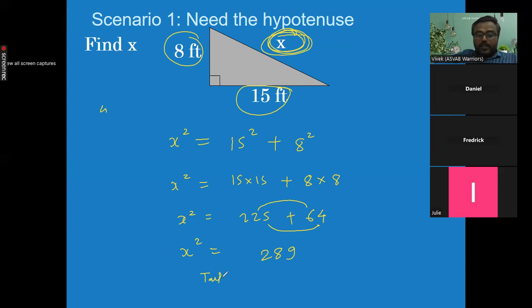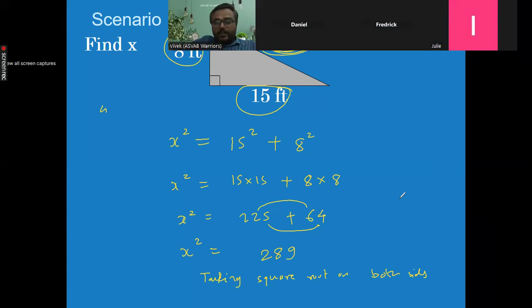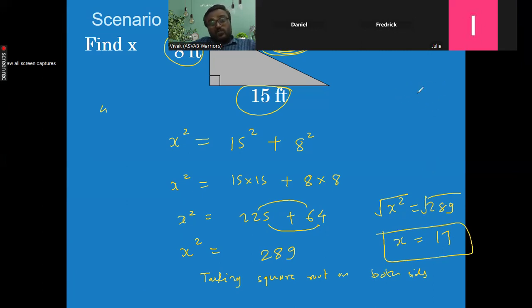So taking the square root on both sides, what do we get? The square root of x squared is x, and the square root of 289 is nothing but 17. So what does square root mean?